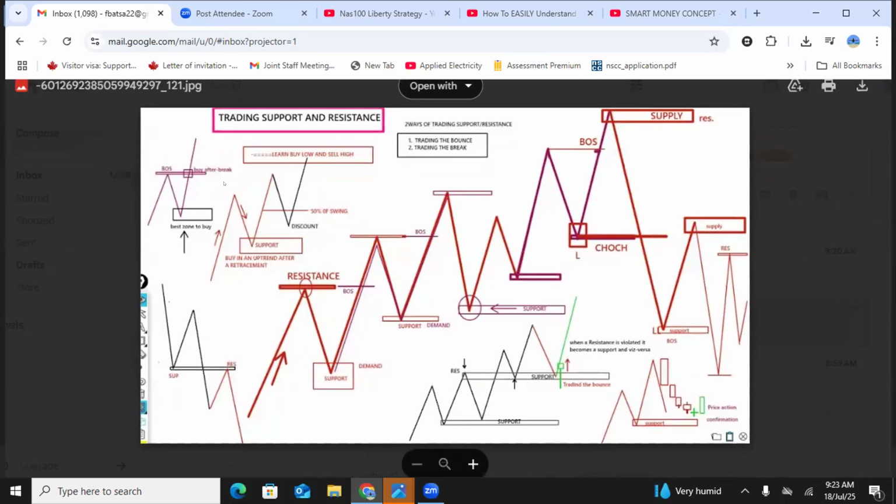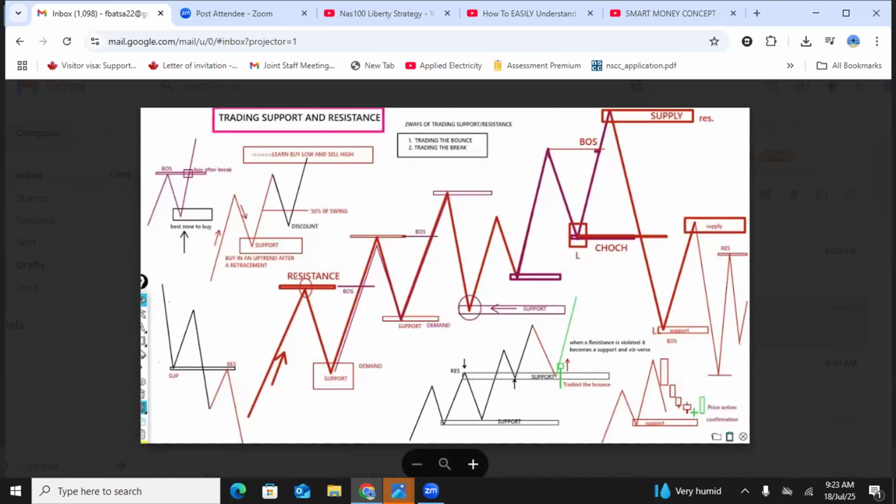So looking at trading support and resistance, somebody else is going to talk about support and resistance, but I just want us to look at these basics. Now, I talk about the bearish movement of the candlesticks.